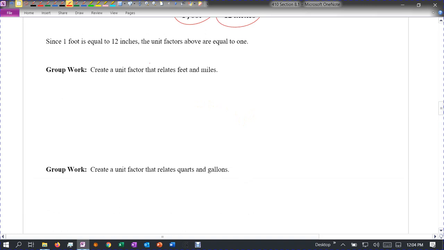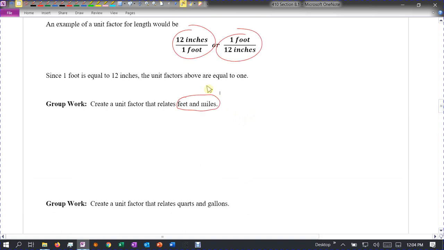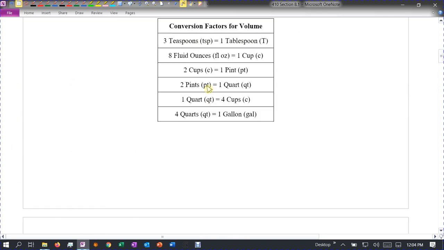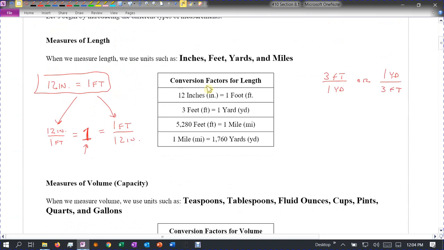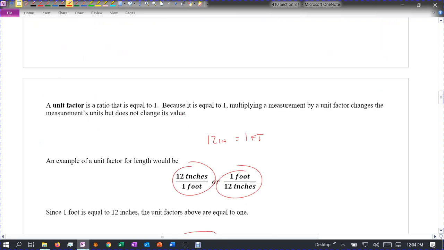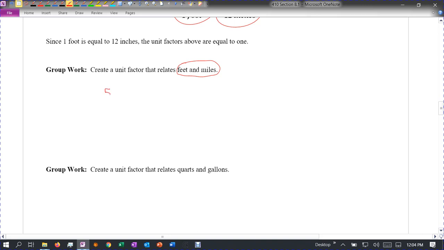Create the unit factor that relates feet to miles. Okay, so let's go back up and look at where we had feet and miles. Feet and miles is a measurement of distance, or a length. So we're gonna go back here, feet and miles. Here it is. So 5,280 feet in 1 mile. So I'm gonna go back down to this example. Okay, we know that 5,280 feet are equal to 1 mile.